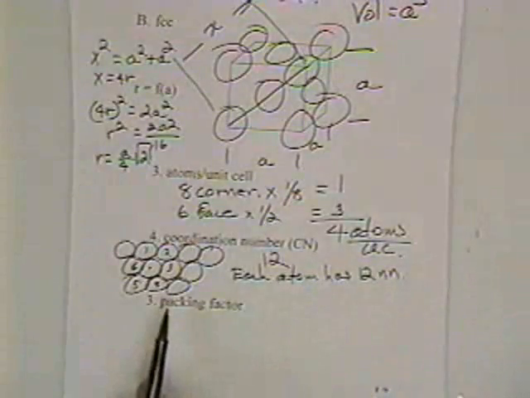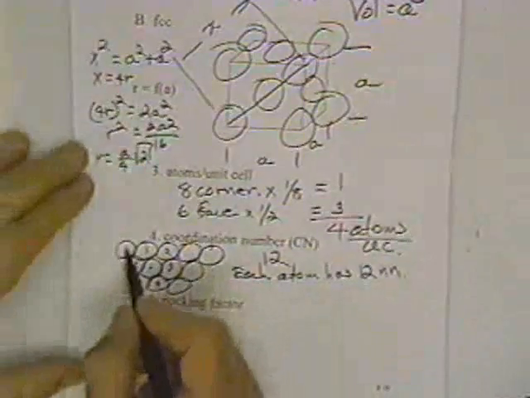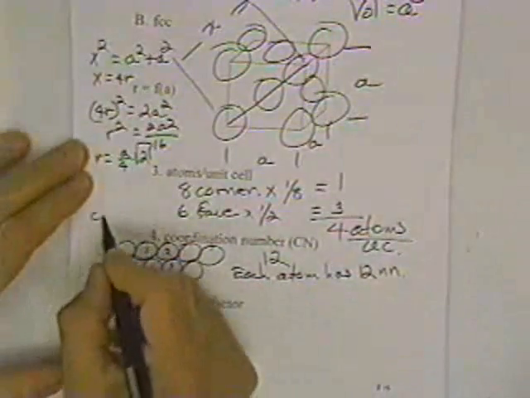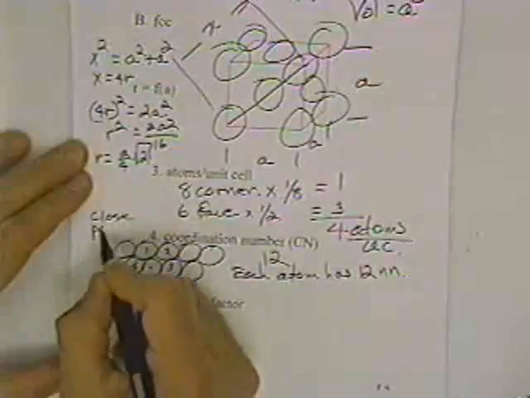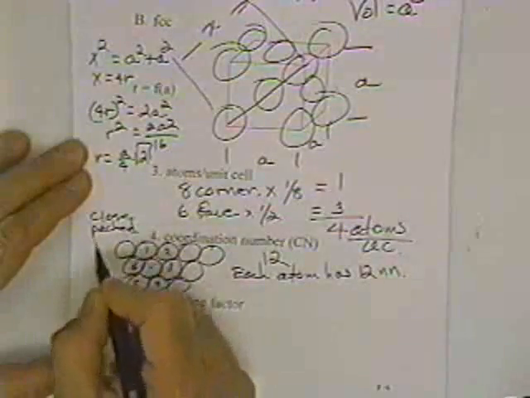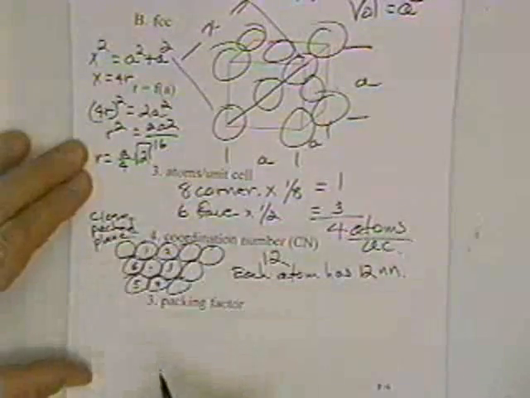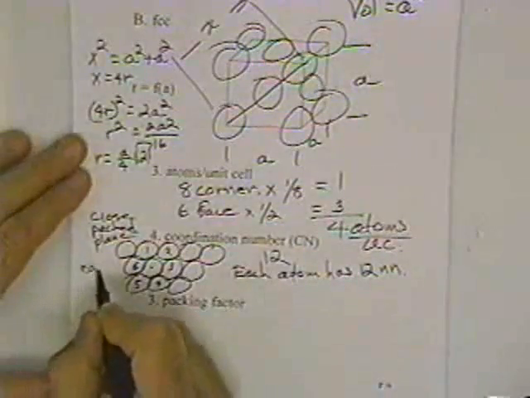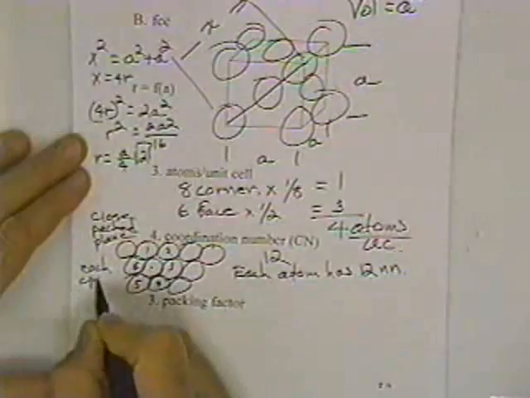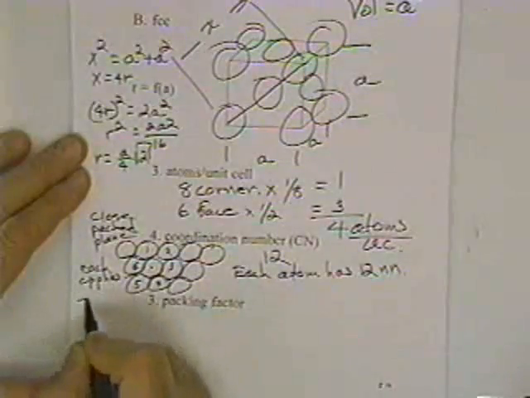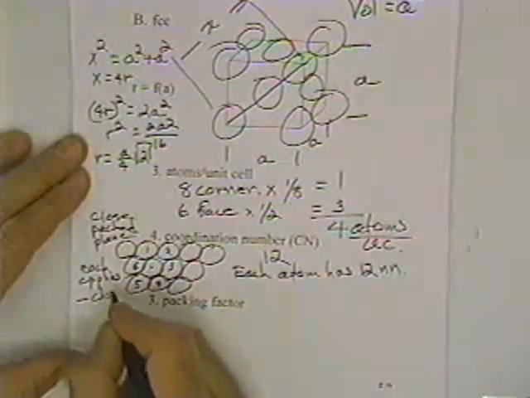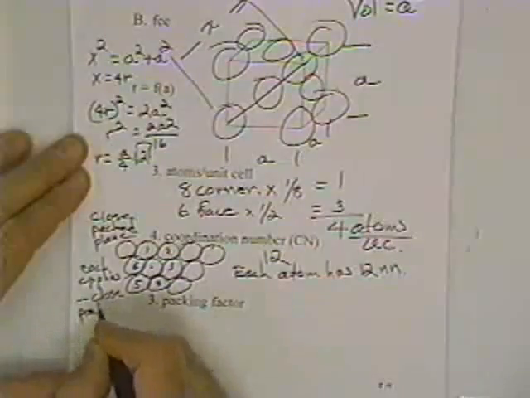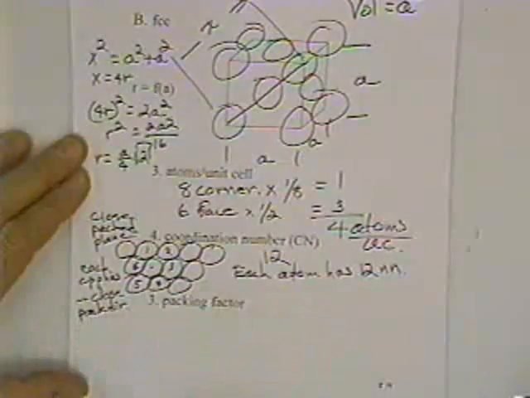We can look in here also and see close packed directions. This is called a close packed plane, and each close packed plane has some number of close packed directions.